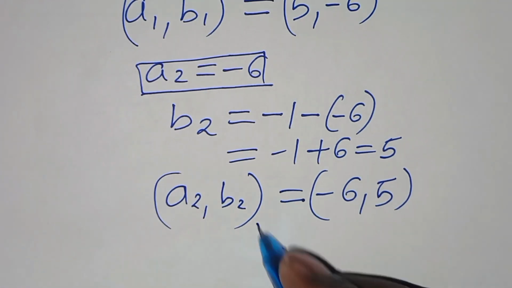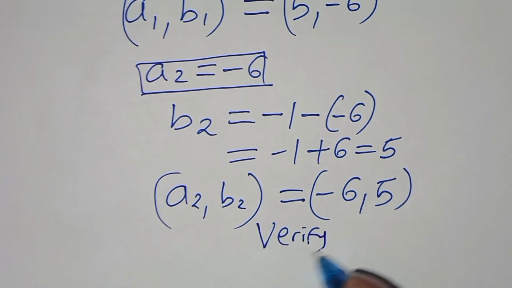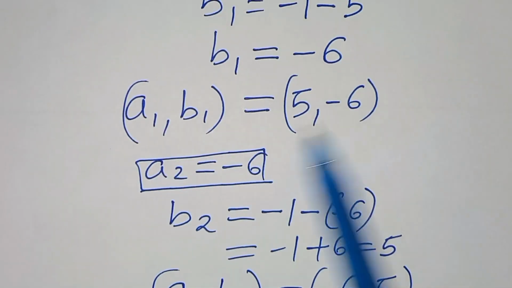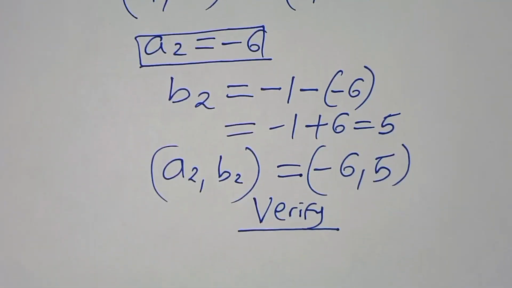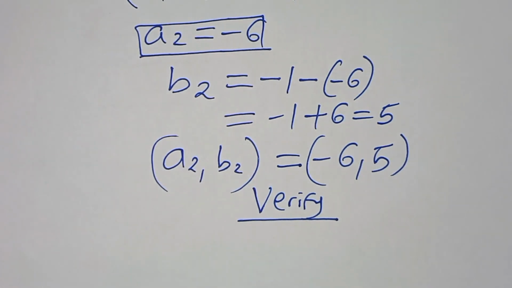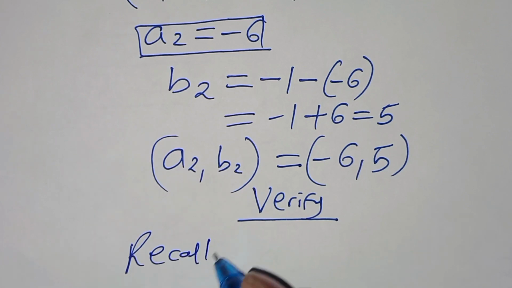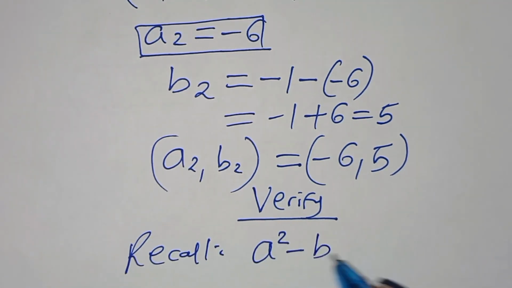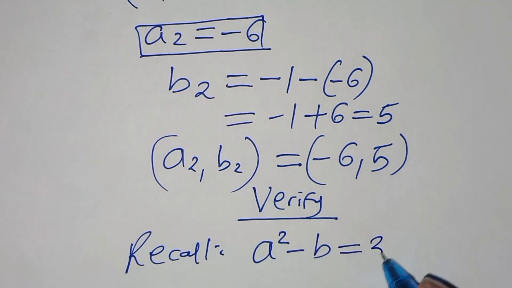So let's verify that a1, b1 satisfies the equation and a2, b2 satisfies the equation. So if you recall here, we have that a squared minus b is equal to 31.